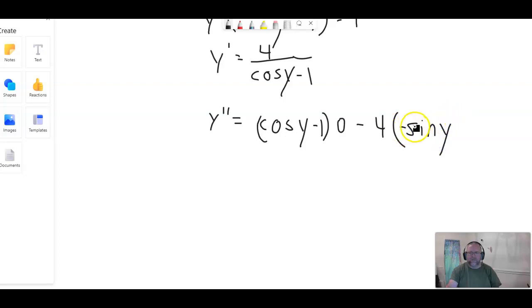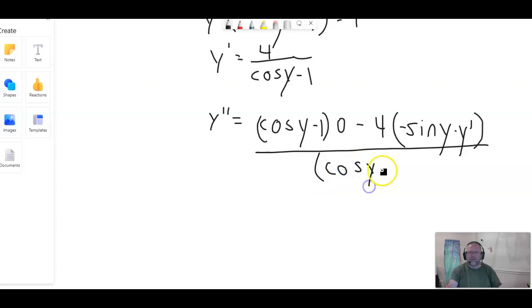And since we just took the derivative with respect to x, we have to multiply that by y prime. And then minus 0, and this is all going to be over the bottom squared, so over cosine of y minus 1 quantity squared.